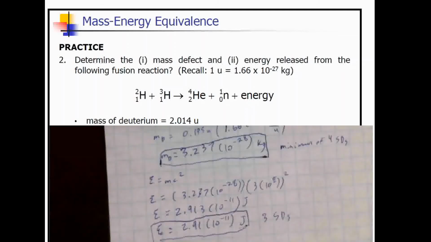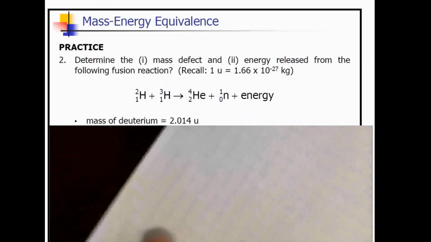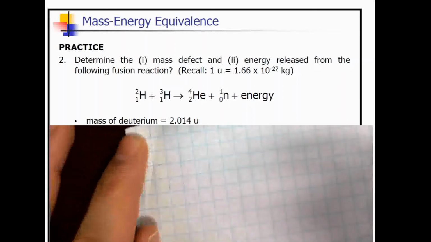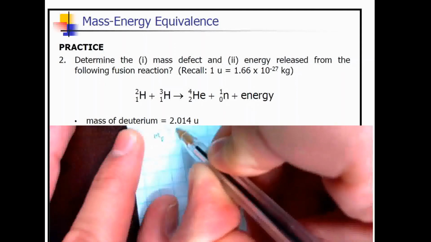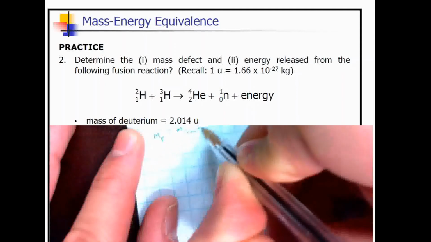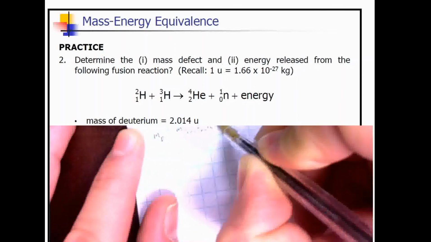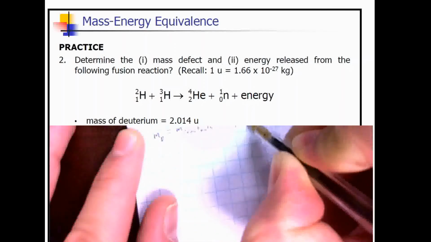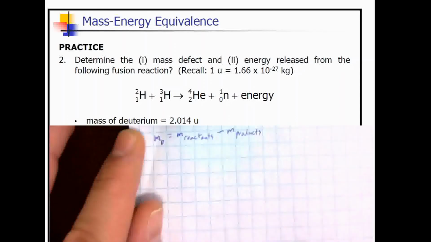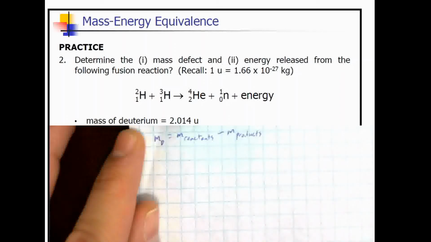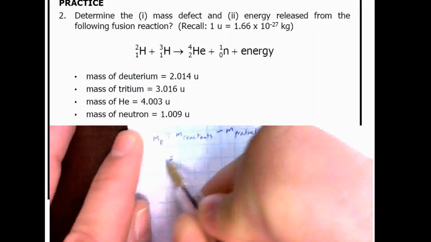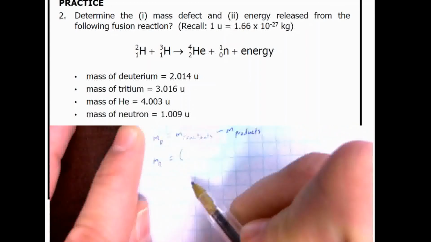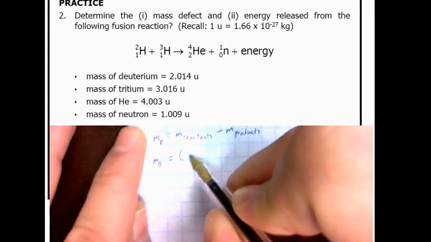So let's move over to this side here. Let's figure out what our mass defect is. Our MD is the mass of our reactants minus the mass of our products. I'll slide this up a bit here so we can see it better. The mass of our reactants is the tritium and the deuterium.